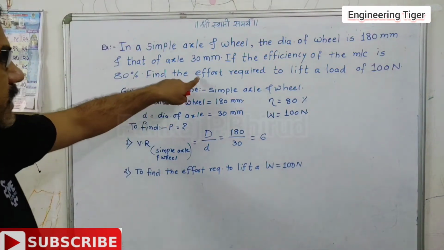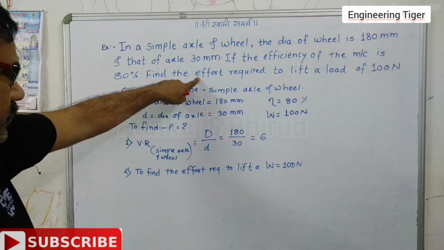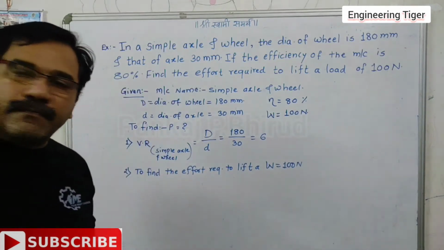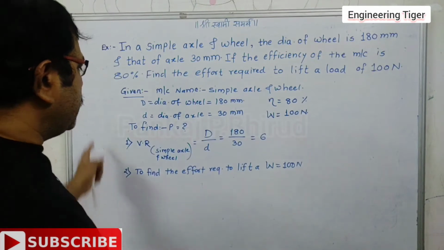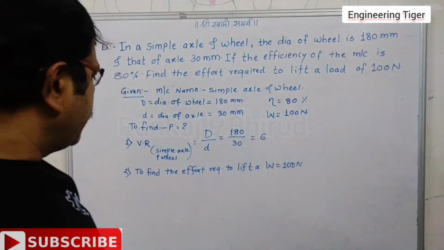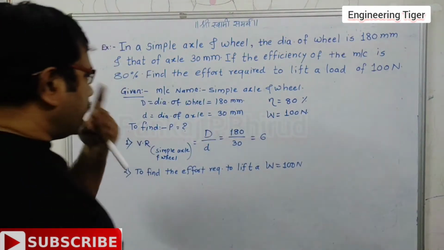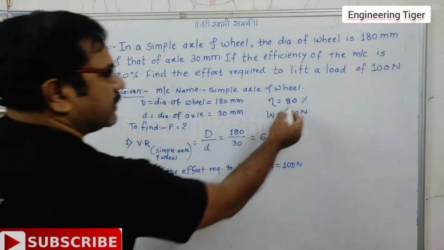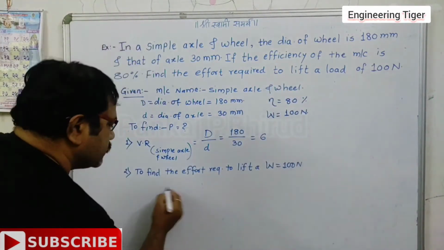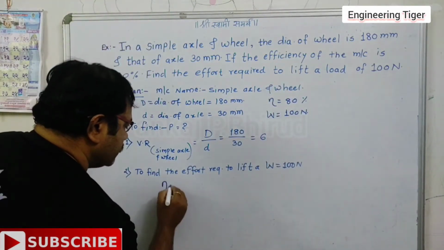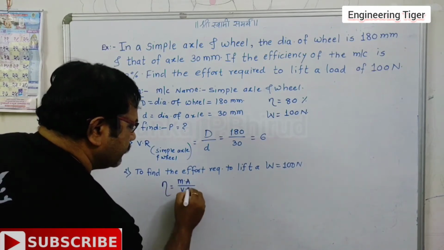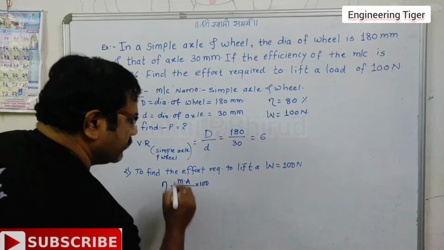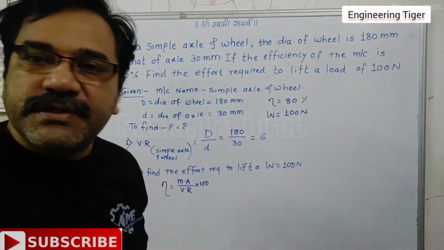Now to find out this effort, we should have MA, but in this given data there is no MA. So we can calculate MA from the given efficiency. So the efficiency of the machine is equal to MA upon VR into 100. Now the efficiency is 80%.